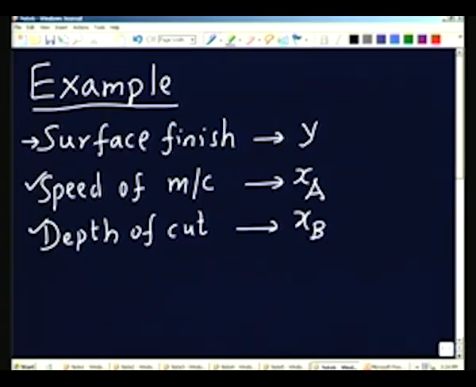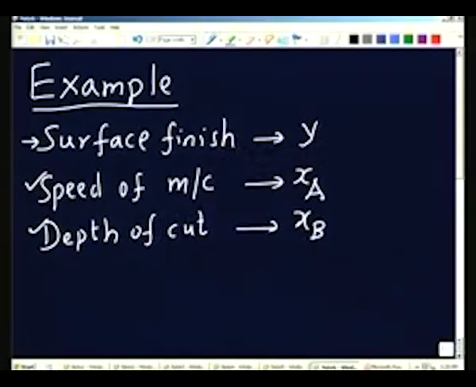So, we do not have to worry about the actual number. You can always transform the coordinates such that these two values you get. Depth of cut, it may be 10th of a millimeter, it may be 0.25 millimeter. So, you can have an upper limit and lower limit, and those will become -1 and +1 respectively.